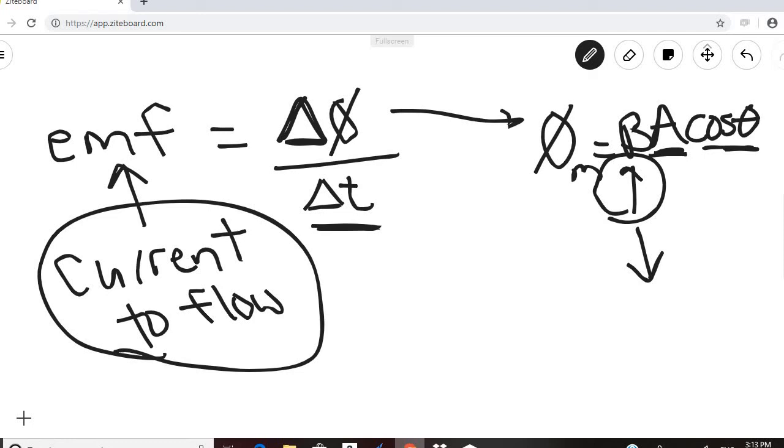So current flows in one direction when the magnet is pushed toward the loop. It flows in the other direction when the magnet is pulled away from the loop. So the direction of the current flow changes depending on the change in the magnetic flux.